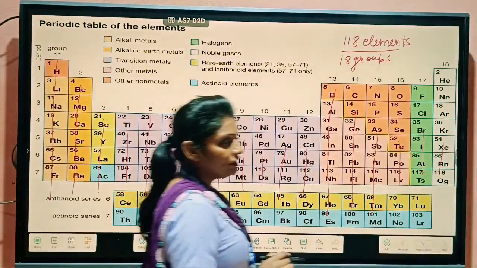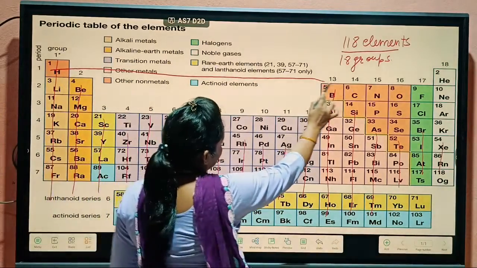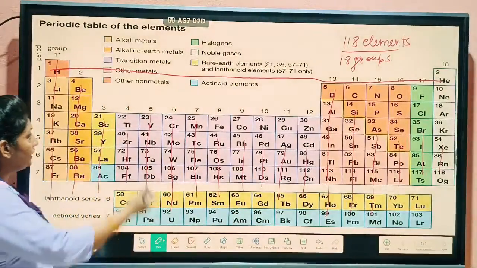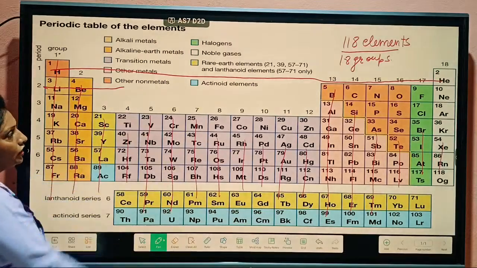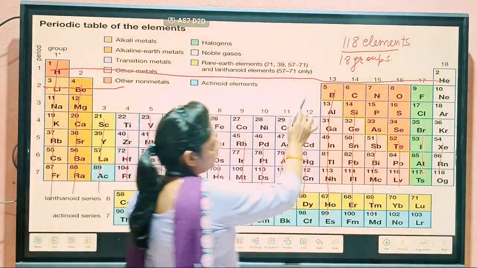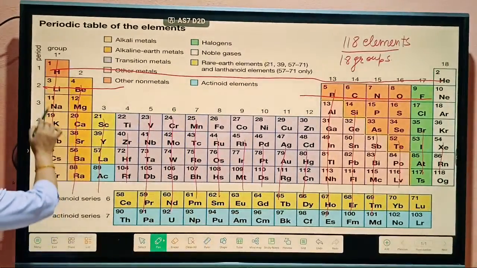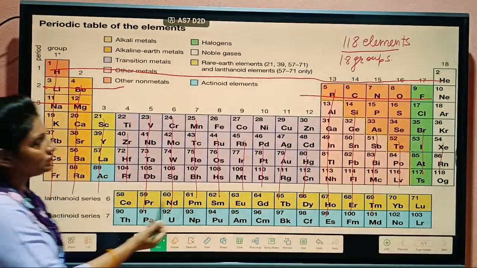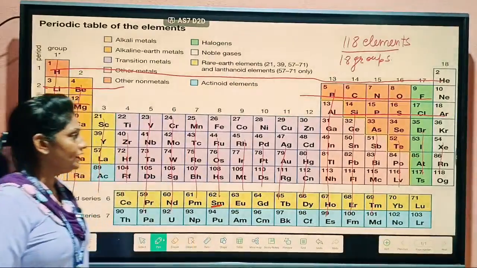Okay, and students, there are 7 periods. The first one has only 2 elements, hydrogen and helium. In the second period, there are lithium to neon, 8 elements. In the third, also 8 elements, sodium to argon.